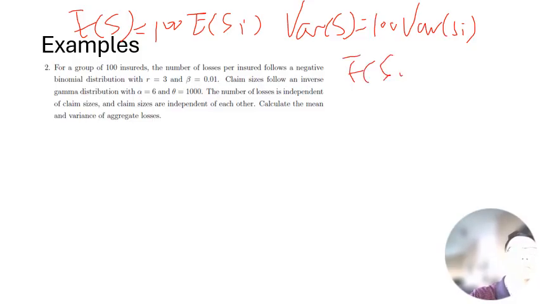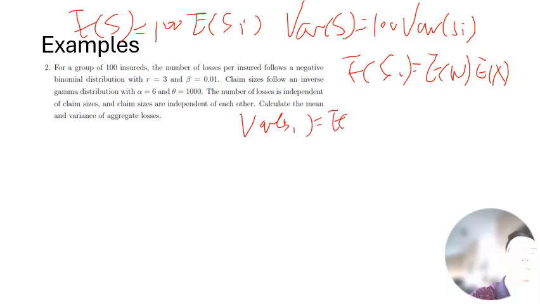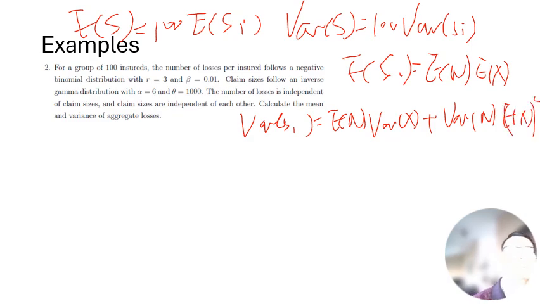ESi will be equal EN times EX, and for variance of Si, we are still using the formula EN times VAR X plus VAR N times EX squared.